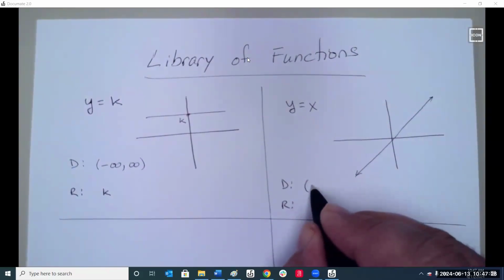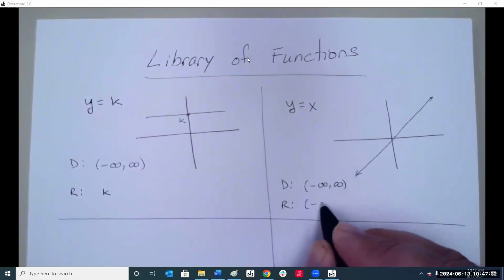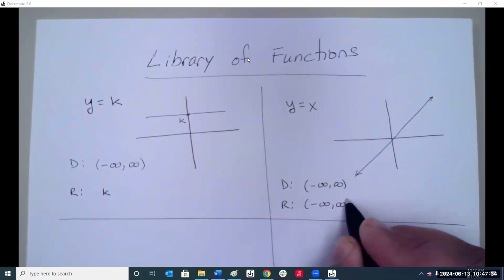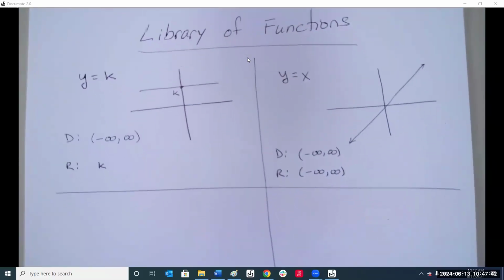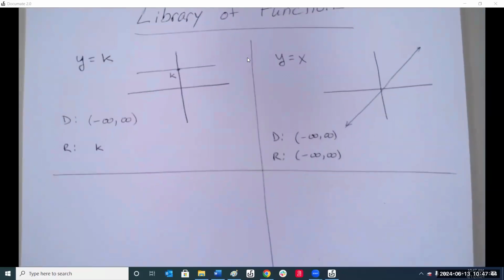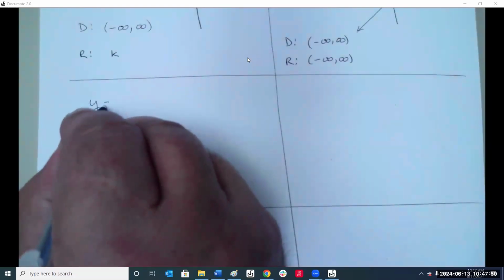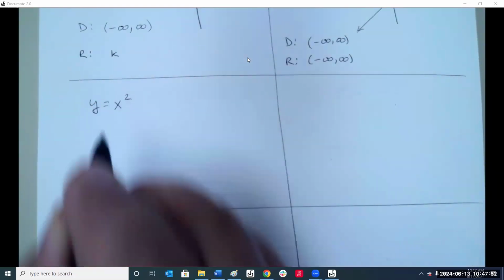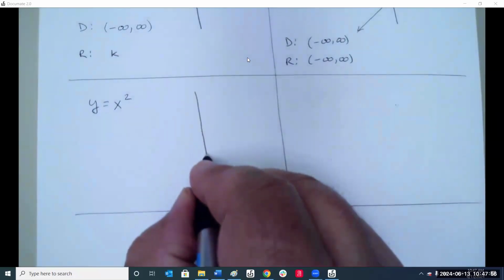The domain, all real numbers, and the range is all real numbers, from negative infinity to positive infinity. Now we're going to start building up our equations. x squared.